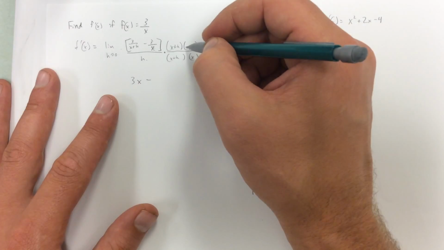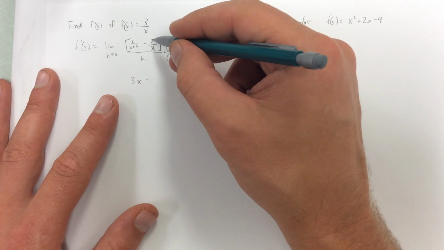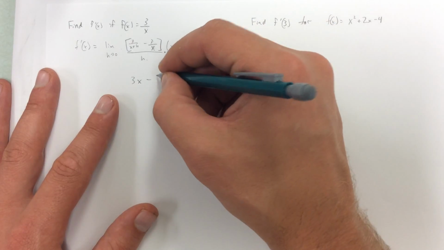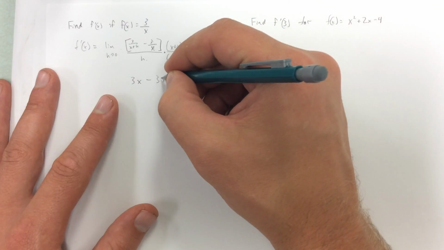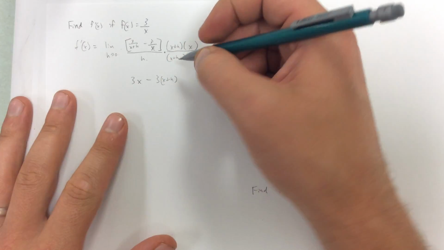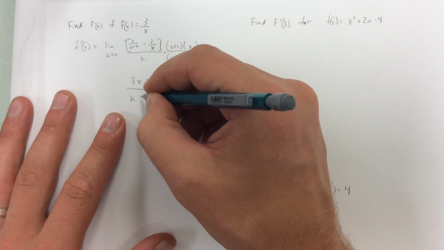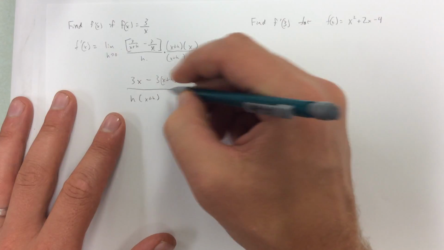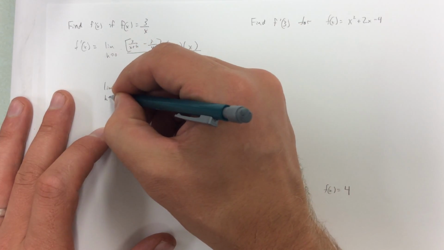All right, 3 over x times x, well, those would cancel out there, so I just have 3 times x plus h, all over h times x plus h times x. The limit as h approaches 0.